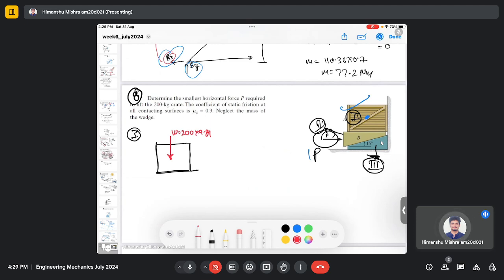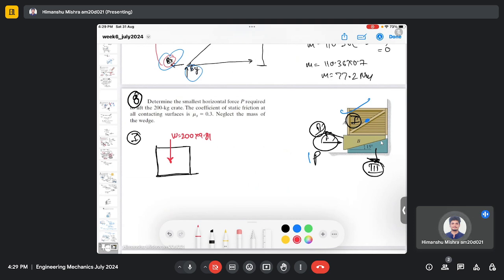Now there is the friction force. What happens is that you can imagine if there is a force P exerting here, this second block will actually move in this direction, and it will try to lift the body. Plus this block will move in the left to right direction also. So the above body is moving in this direction and in the top direction because of this lower body.